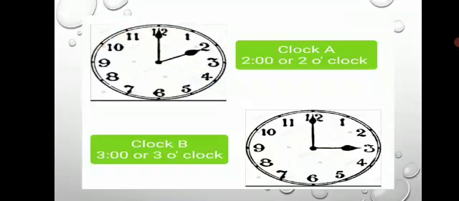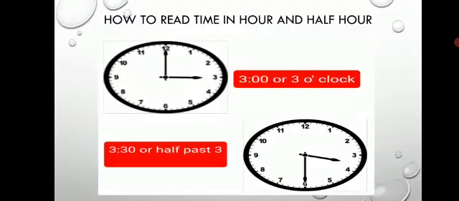So the time is 3 or 3 o'clock. So students, when the minute hand moves all the way around the clock, that is from 12 to 12, an hour passes.